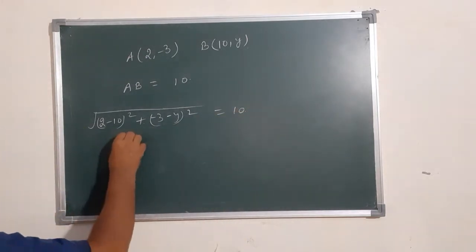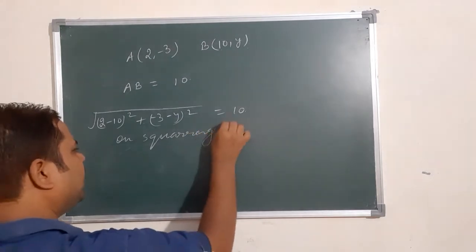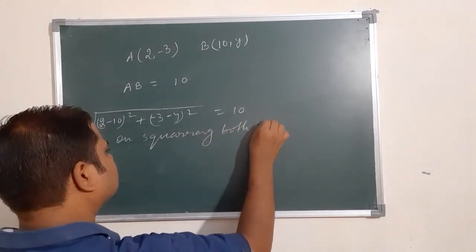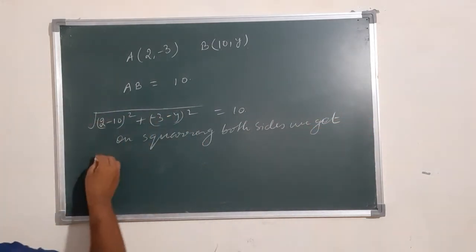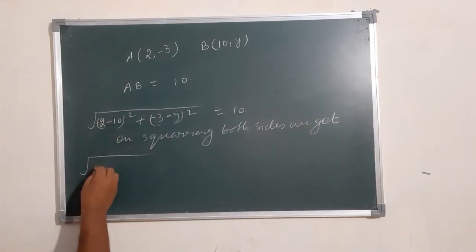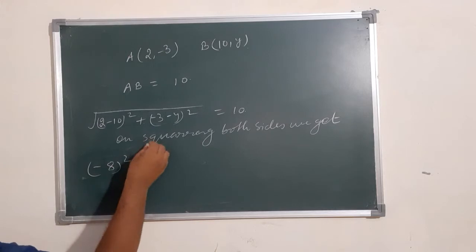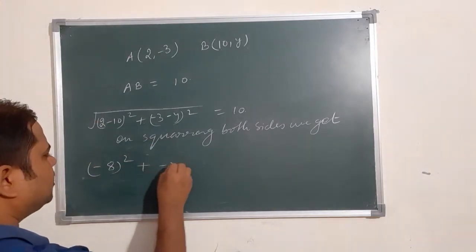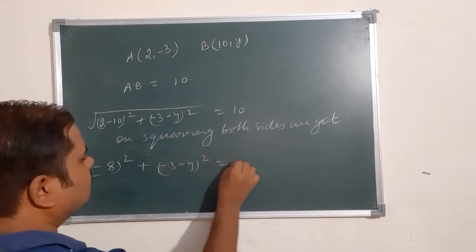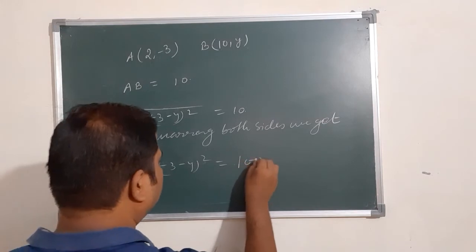So on squaring both sides we get, (√(2−10))... we get (−8)² and (−3−y)² equal to 10 squared, means 100.